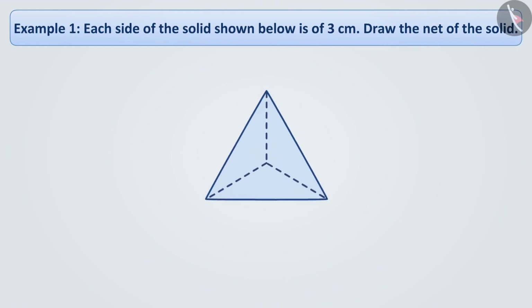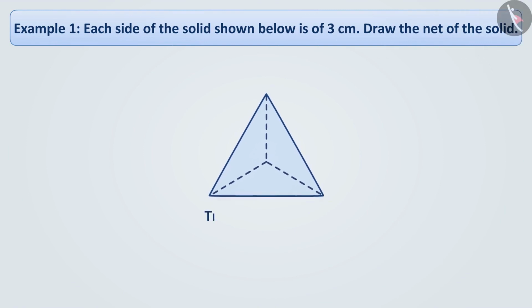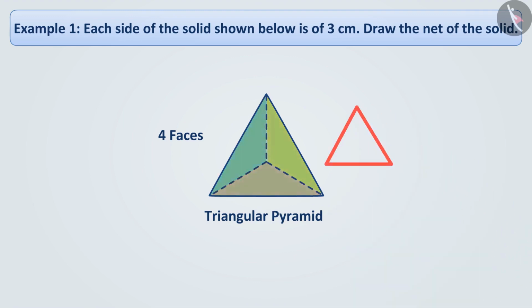The solid shape shown is a triangular pyramid. It has a total of 4 faces, all triangular. There is a triangle on each of the 3 sides of the triangular base.